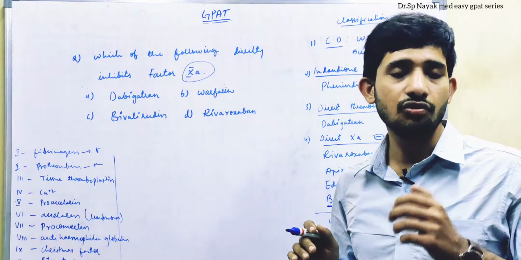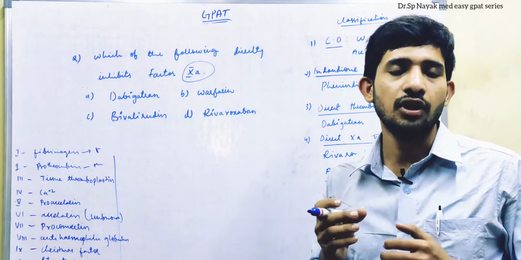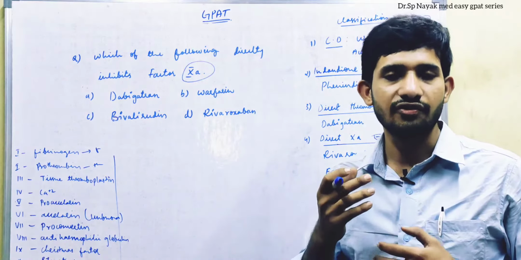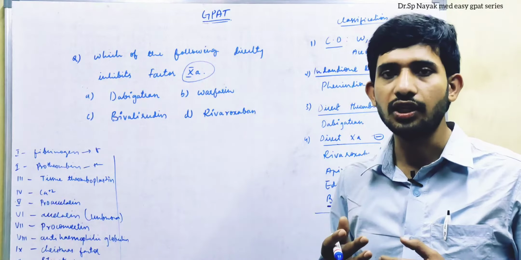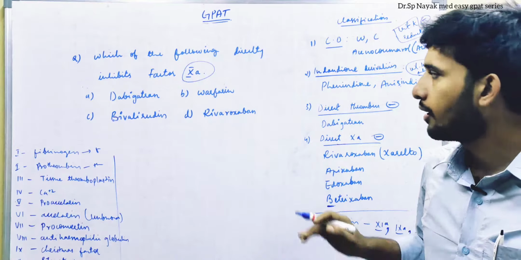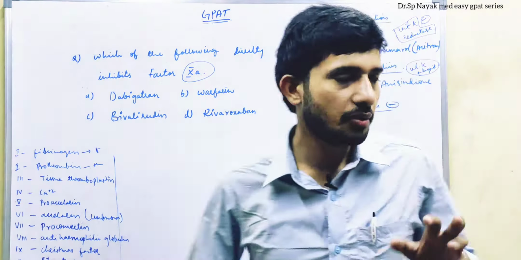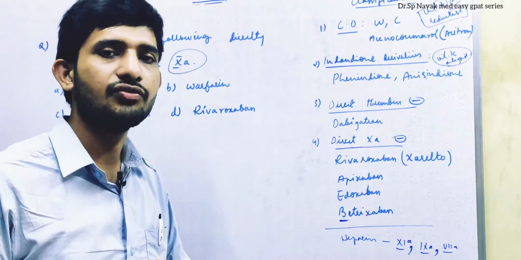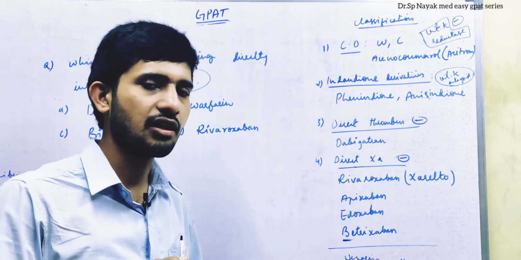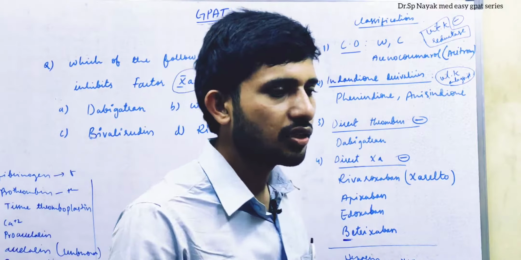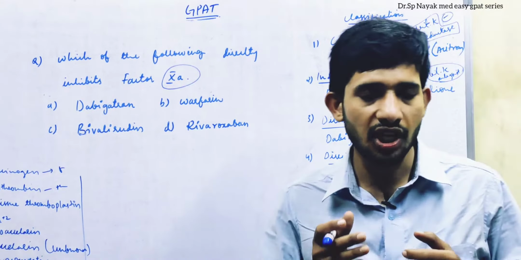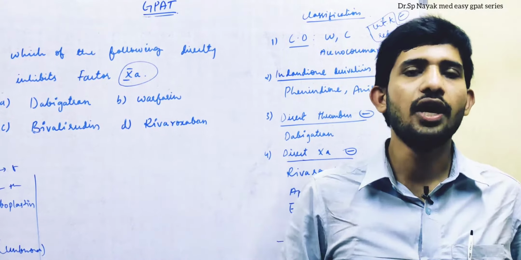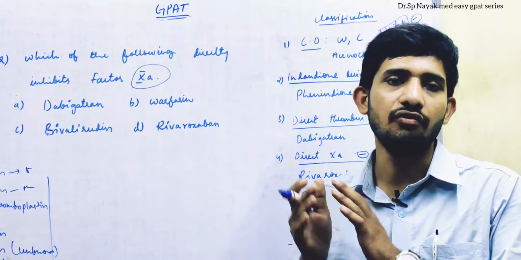When any question comes regarding coagulation, coagulation factors, or any anticoagulant, if you know this, you will definitely do better in the examination. So let me classify anticoagulants. We have two different classes of anticoagulants: the drugs which are used in vitro and the drugs which are used in vivo.